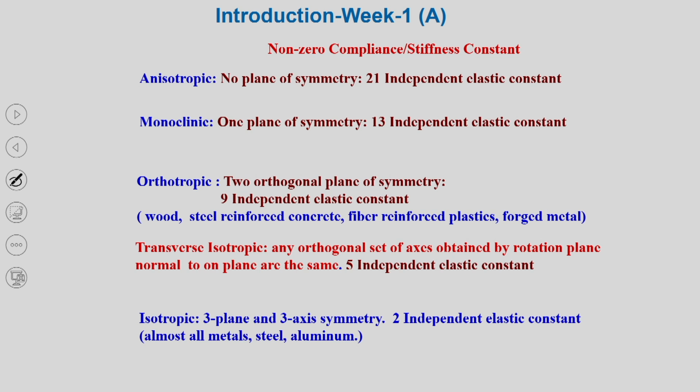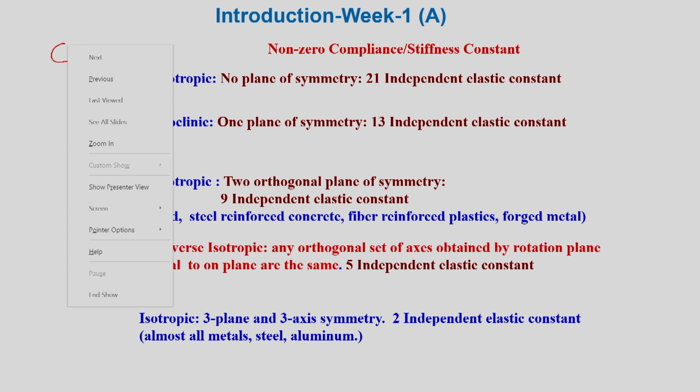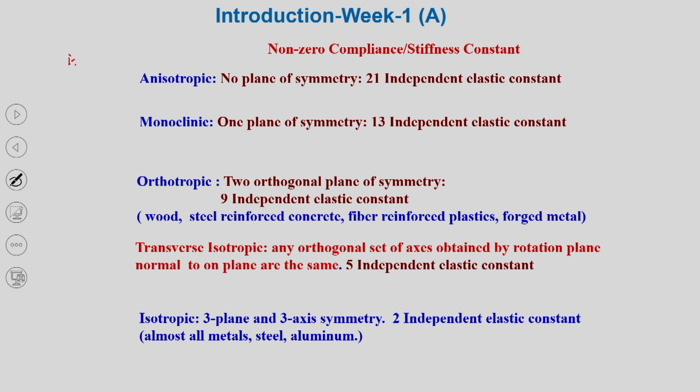So, we are talking about the compliances C_ijkl. There I told you they have 81 components, but if you use the symmetry sigma_ij equal to sigma_ji, then this reduces to 36 components.